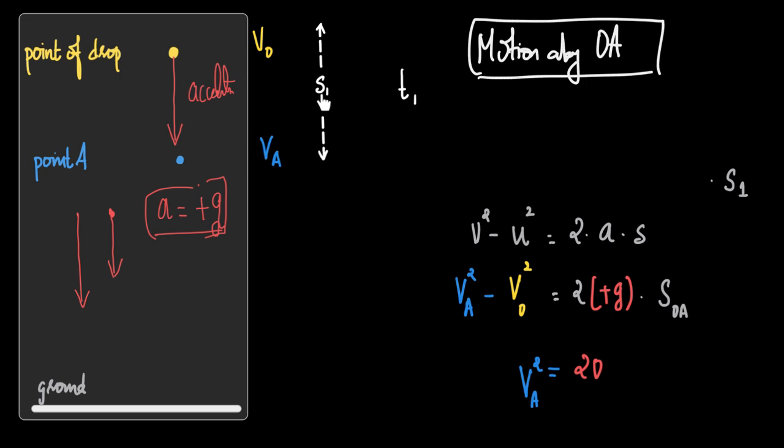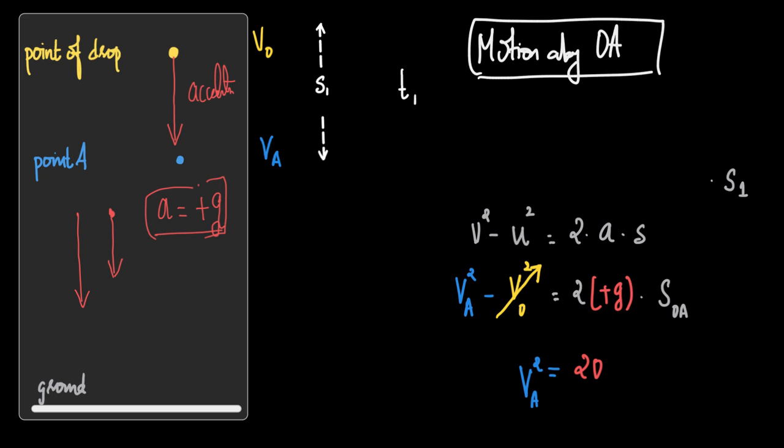Corresponding displacement here is S1. What is S1? S1 is the displacement from O to A, SOA. Plus g is 10, 10 into 2 is 20. Since it is dropped from rest, this becomes 0.